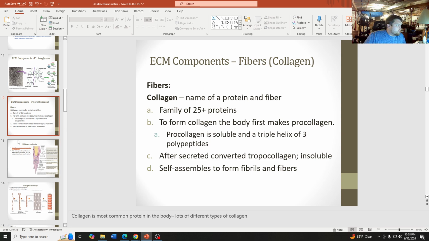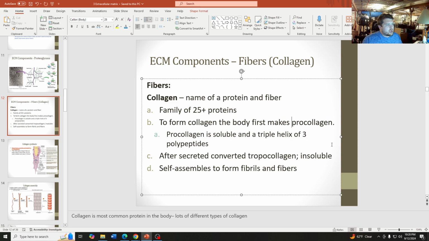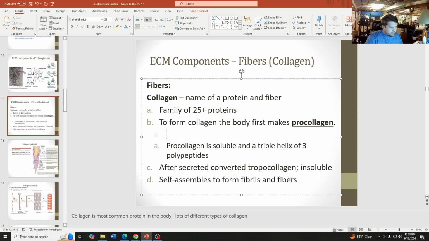So we're going to go over the process of how collagen is actually synthesized, how we get it. But to form collagen, we have to make this precursor called procollagen. This is going to be some kind of test question where it's like, what is the precursor to collagen?